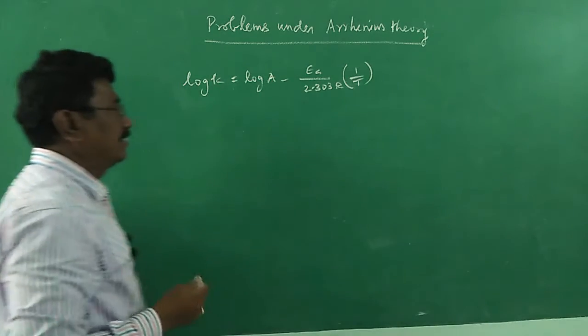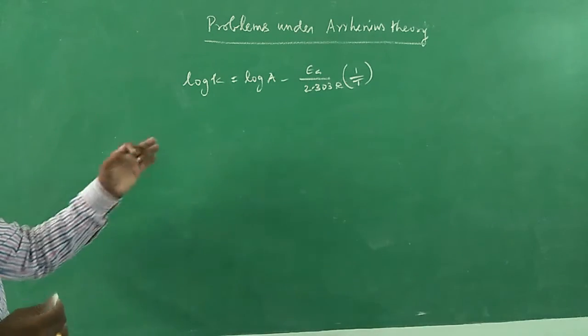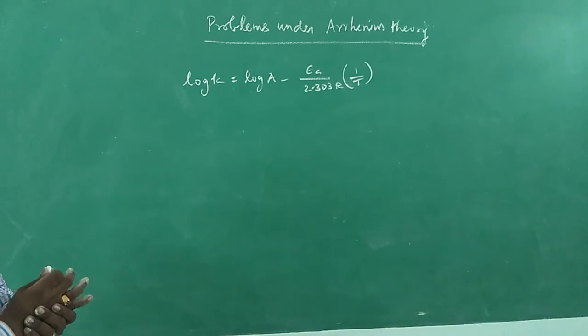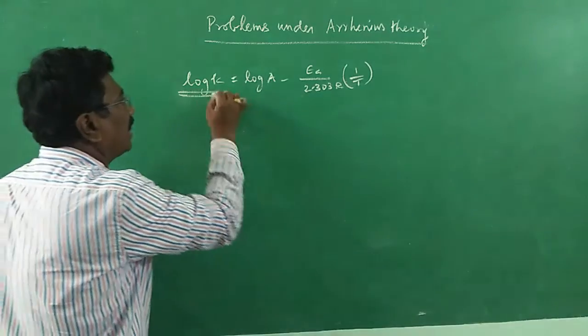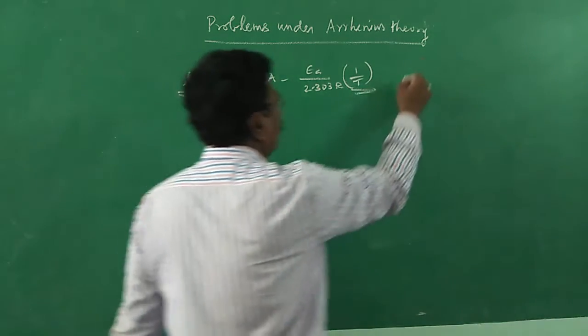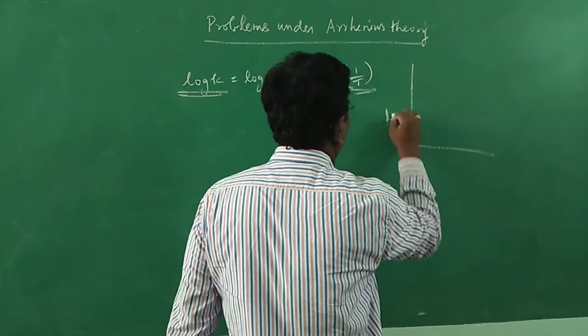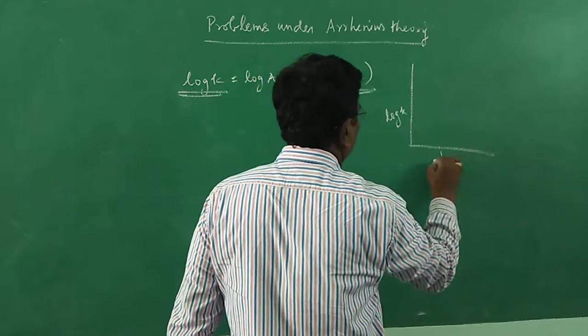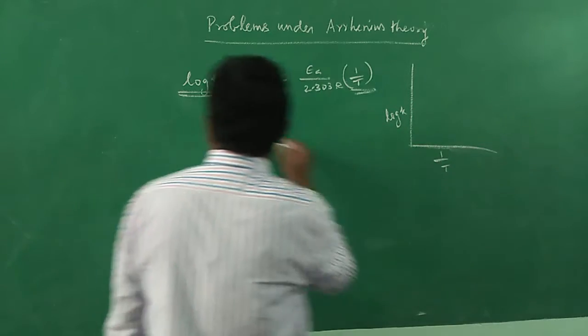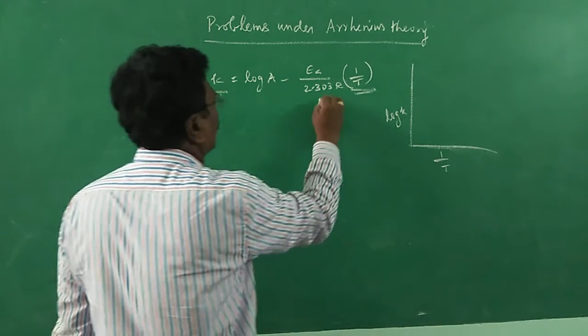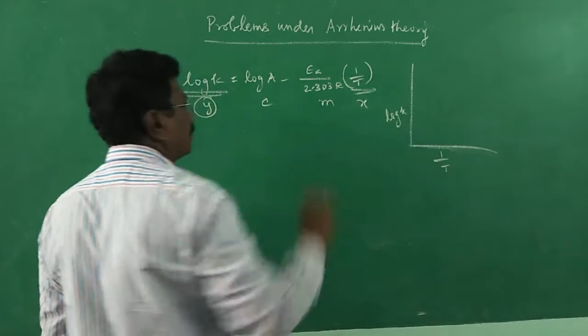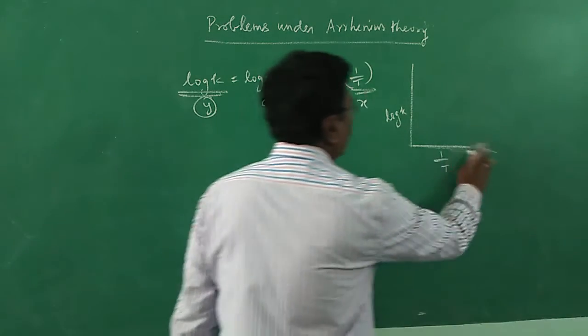They are given the value of the slope for the graph of log k against 1 by T. If a graph is drawn, with log k on the y-axis and 1 by T on the x-axis, y is equal to mx plus c. You will be getting a straight line with a negative slope.